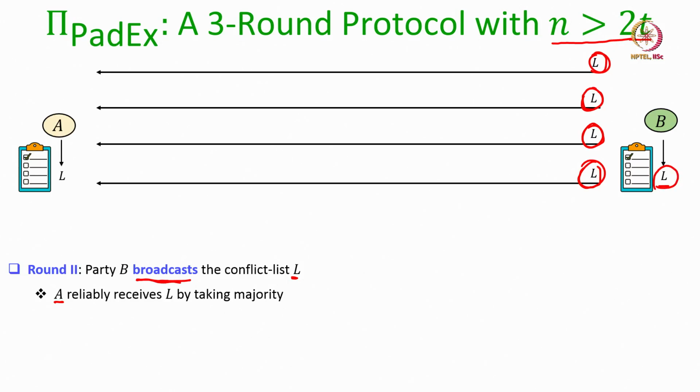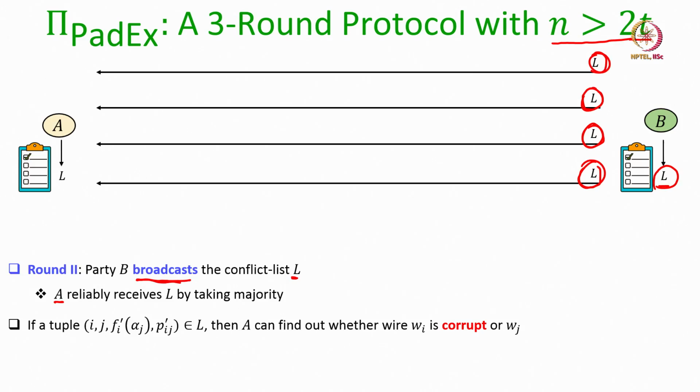That means at the end of round 2, both A and B have agreed upon the conflict list.